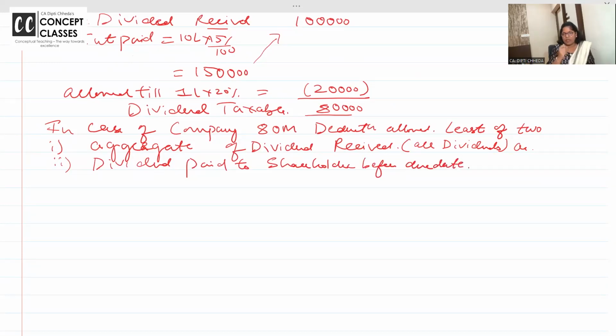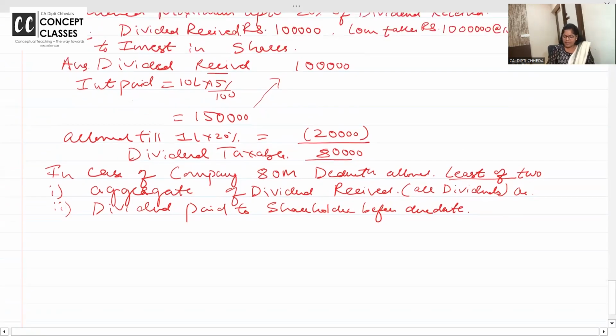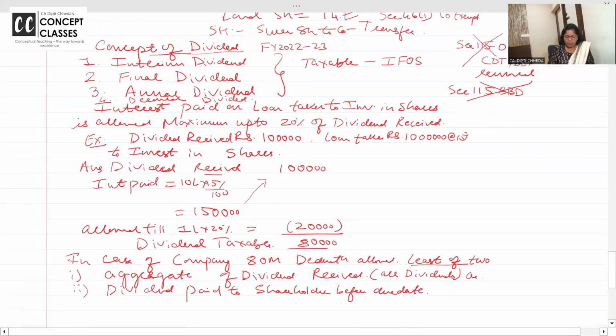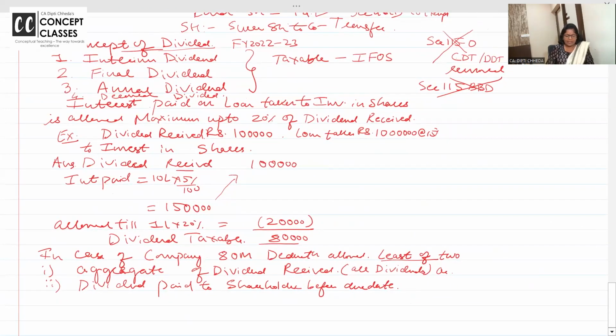Dividend which is paid to shareholder before the due date. Whichever is lower is allowed to be deducted. This deduction is given only to companies. Are you clear? Has everyone finished writing these notes that I have dictated right now?